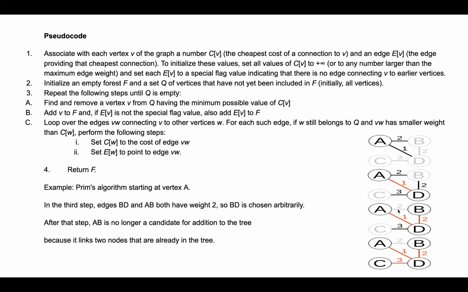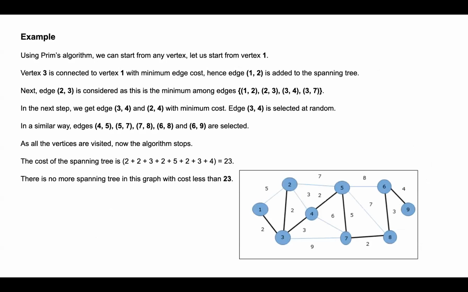From B, if we start, then it will be a cycle, and the C node will not be covered there. So we came to D, and from D to C is there, and its value is 3. So it is the minimum cost spanning tree. It is 1 plus 2 plus 3 is equal to 6. Its value is 6.